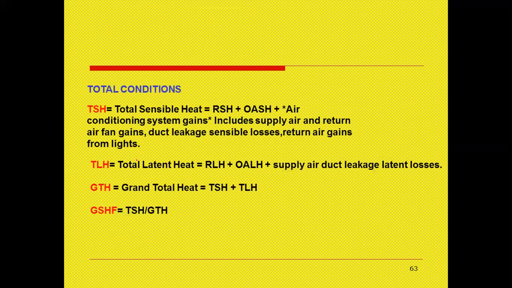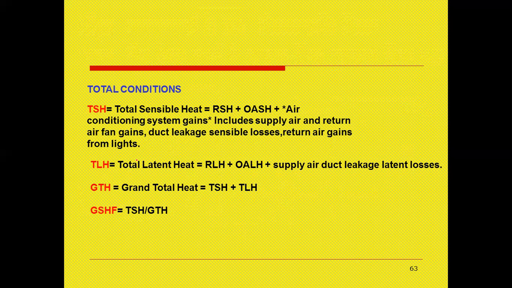Next, the total sensible heat, TSH, is equal to room sensible heat plus OASH plus air system gains. The conditioning system gains include supply air and return air fan gains, duct leakage sensible losses, and return air gains from lights.